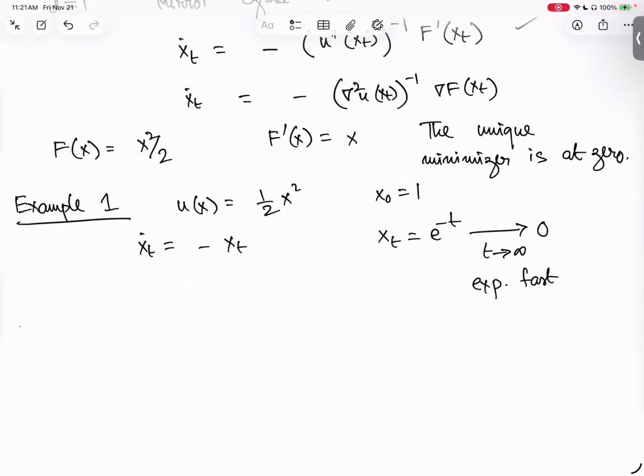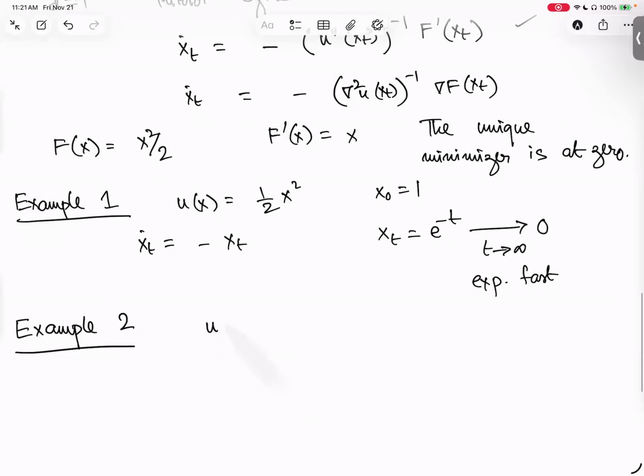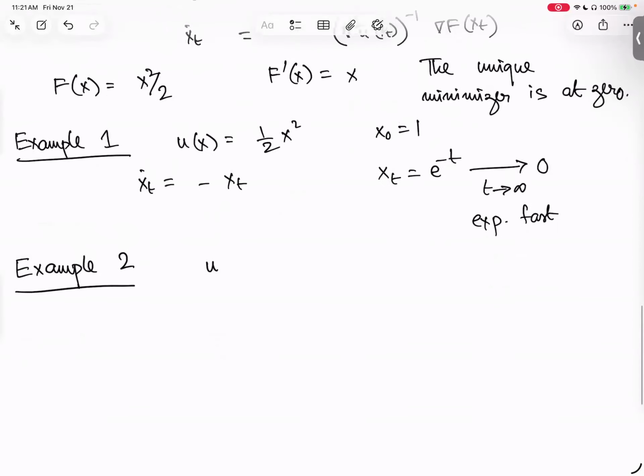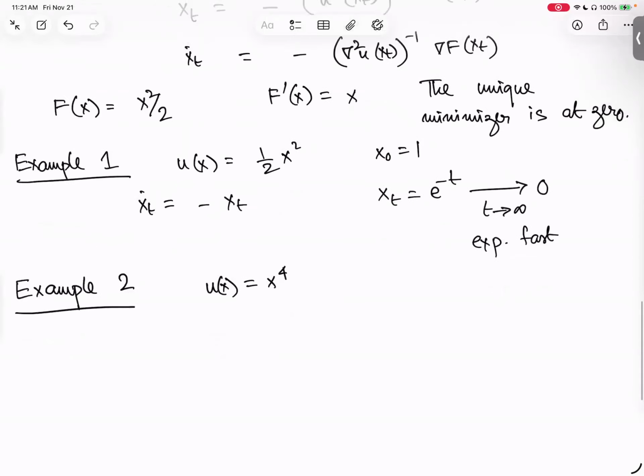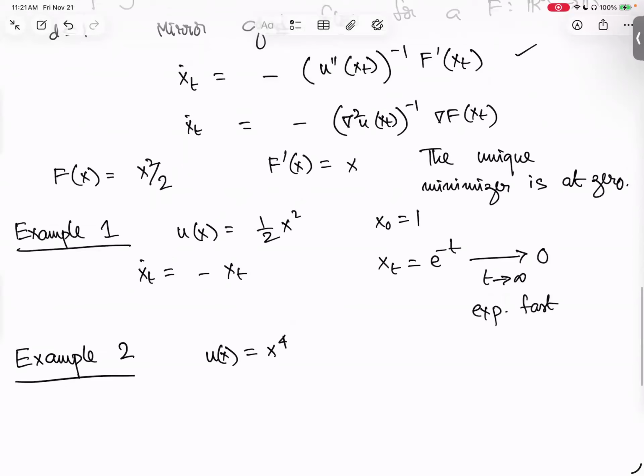Here's my example 2. I take u of x to be x to the power 4. Then u double prime of x is 12x squared.